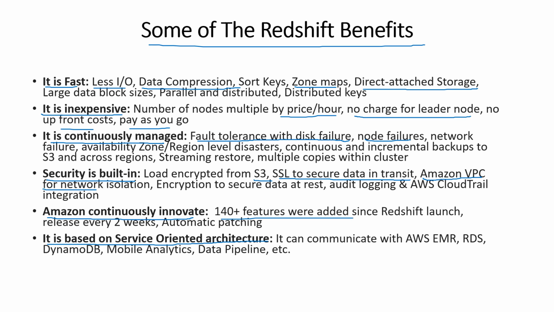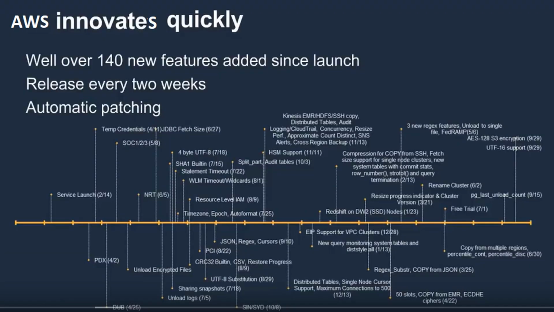And it is based on service-oriented architecture. It can communicate with other services that Amazon has, such as AWS EMR, RDS, DynamoDB, mobile analytics, data pipeline, etc. I just posted this slide here to show how many changes have been applied to Redshift since it was launched. It almost releases every 2 weeks, and also it has automatic patching, which is great.